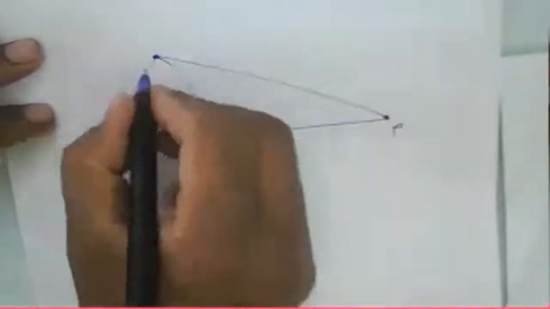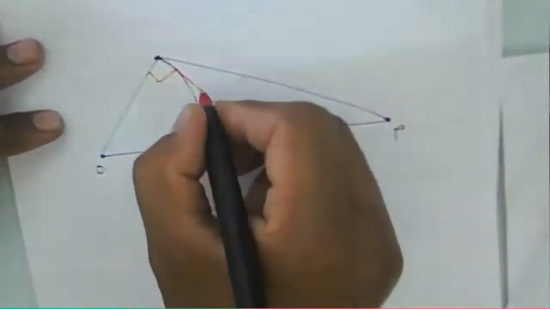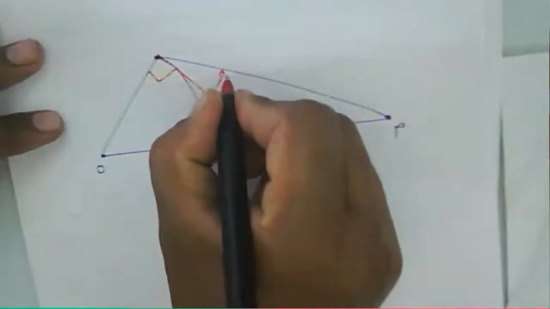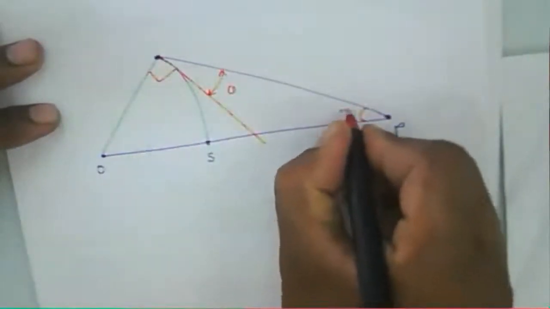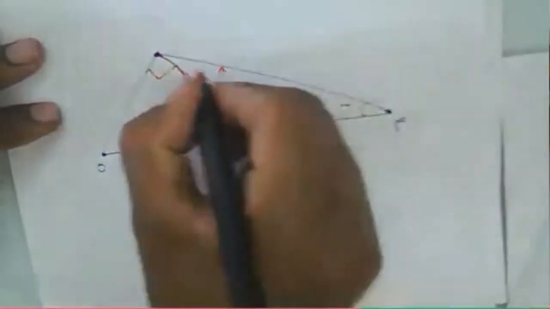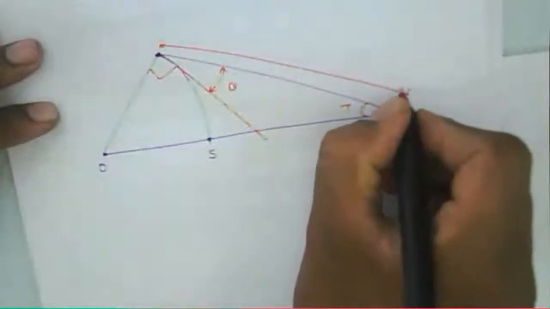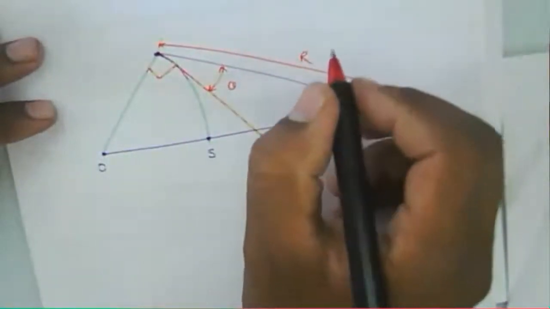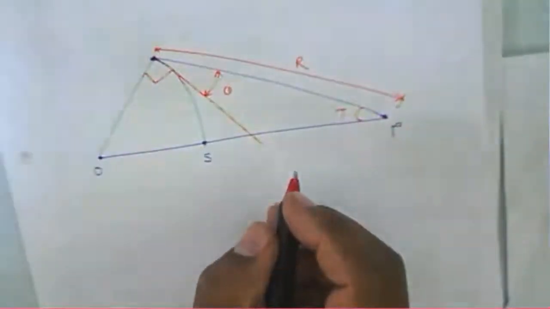So this angle, if we make a perpendicular to this radius, it is 90 degrees, and that becomes theta here. This angle is the tilt angle, and this range from this point to this point is R. That is the slant range. Okay, that is nothing but the slant range.